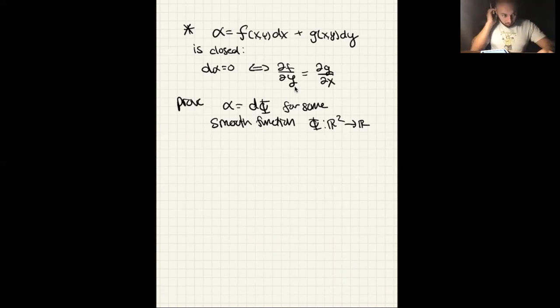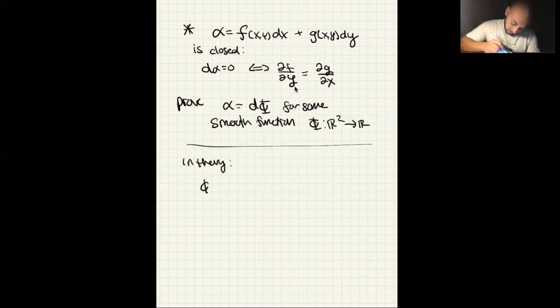Okay, so if you want to prove this, at first you can start with something like this. We know what the function would have to be by Stokes' theorem, or by the fundamental theorem of calculus. So I know that phi would have to take the following form. In theory, phi at a point x, y is going to be the integral of the one form along any curve gamma, where gamma is a map from [0,1] to the plane.